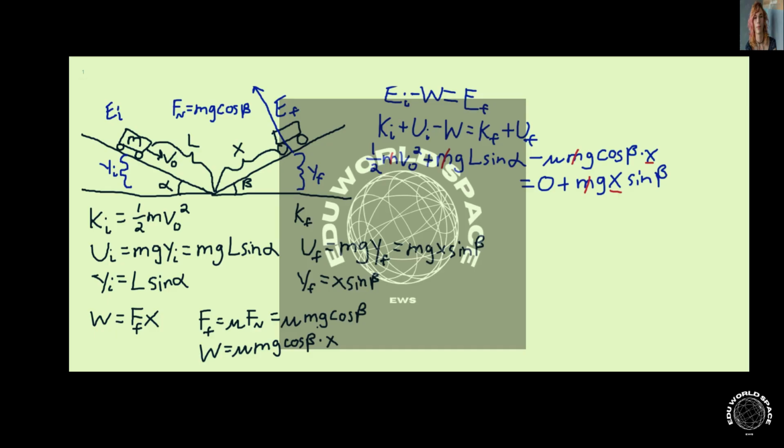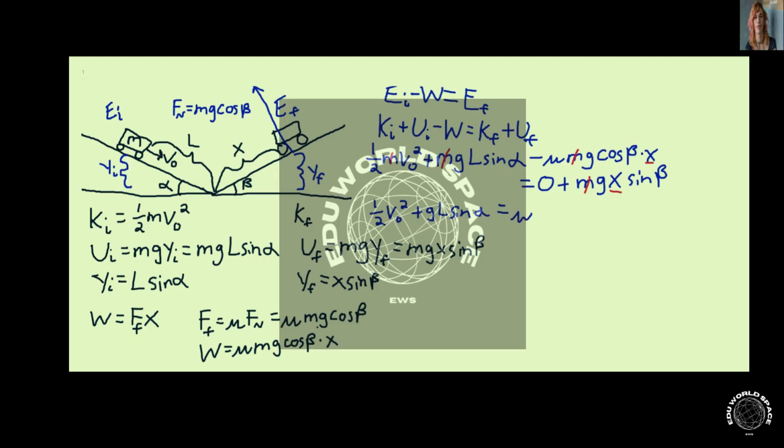So then I can rewrite the expression as simply 1/2 v naught squared plus g times L sine of alpha. And I'm going to move the work term over to the other side since I want to isolate x by itself.